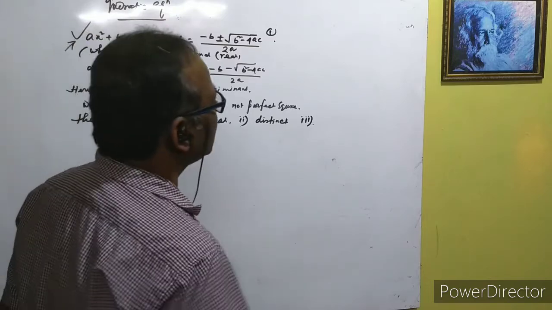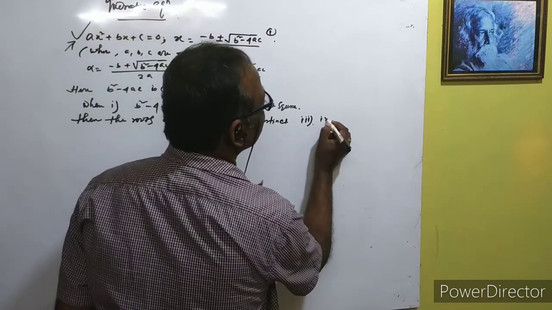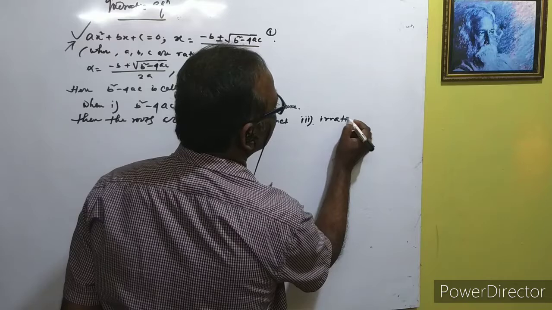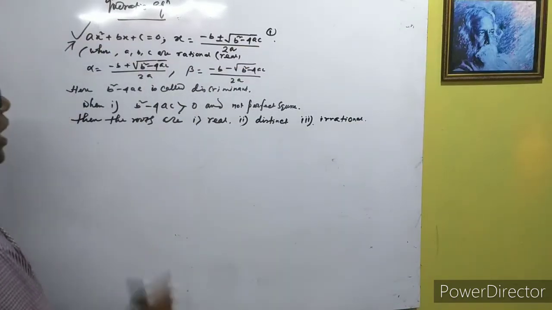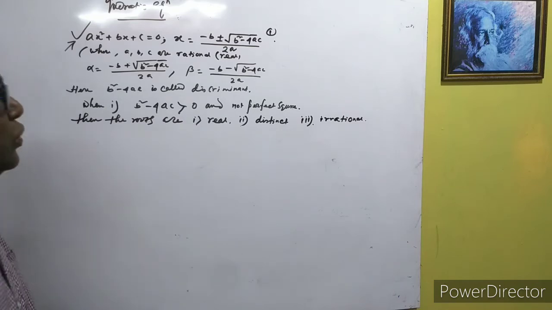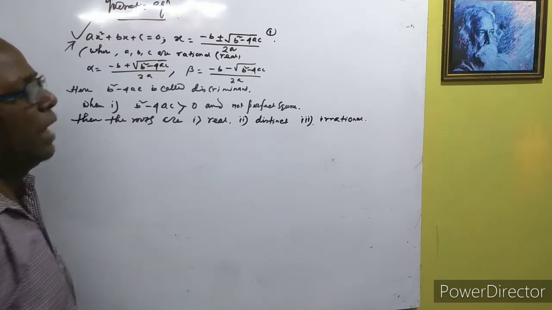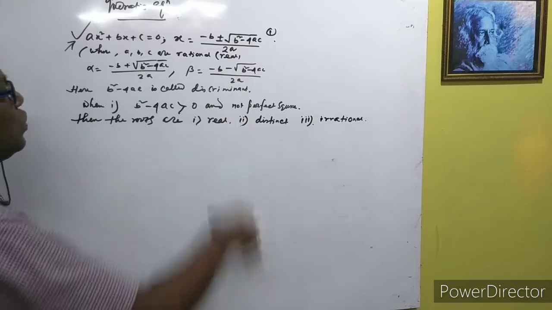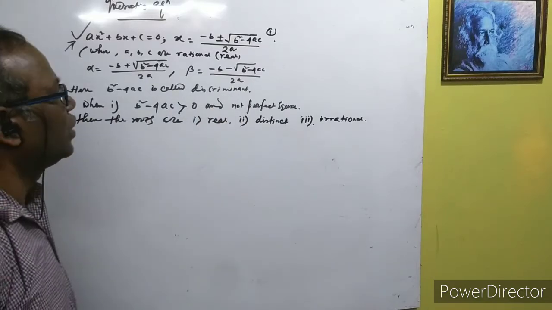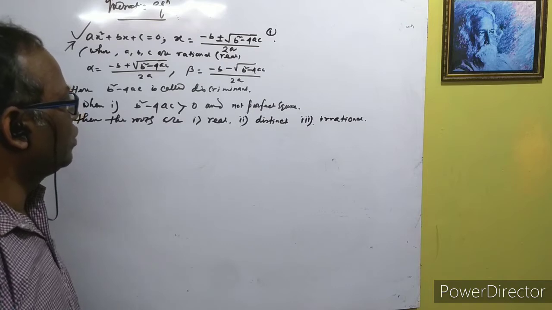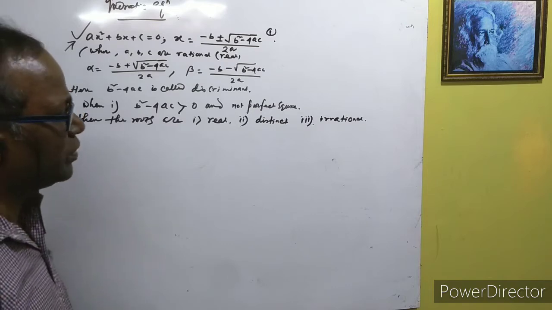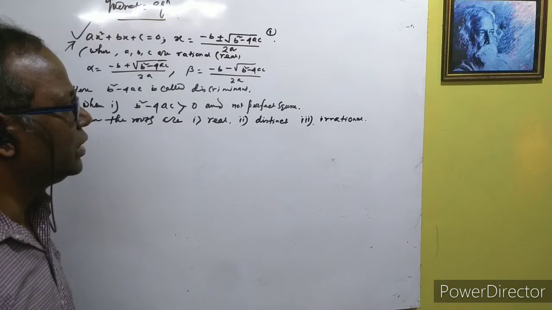So the roots are irrational. To repeat: as b square minus 4ac is more than 0, the roots are real; we get two different solutions, so they are called distinct; and since b square minus 4ac is not a perfect square, the roots are irrational.